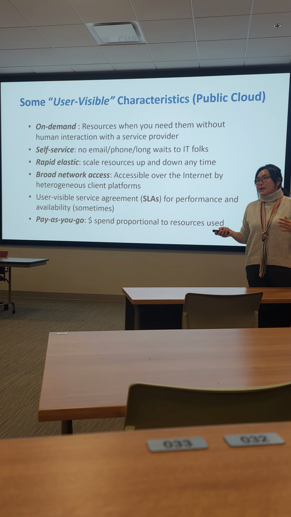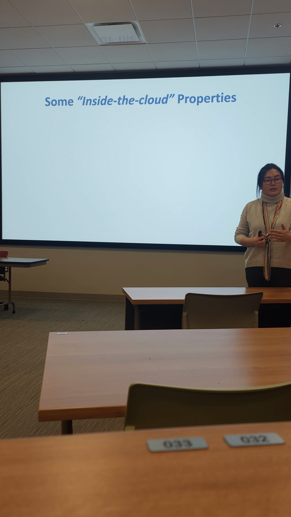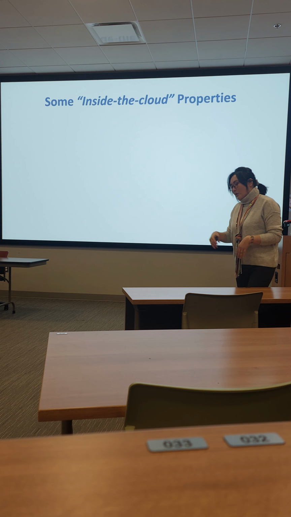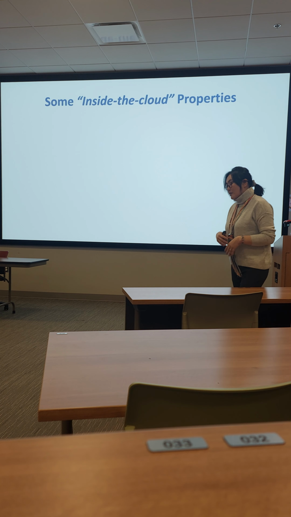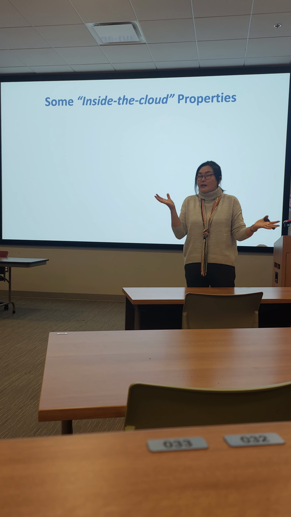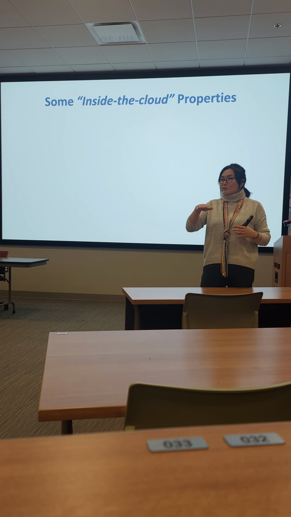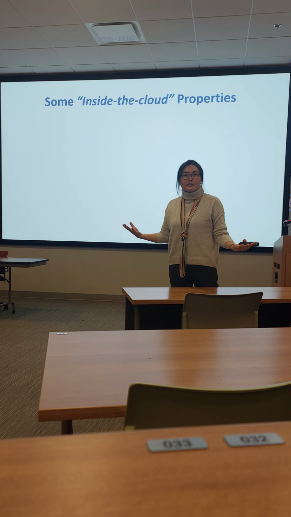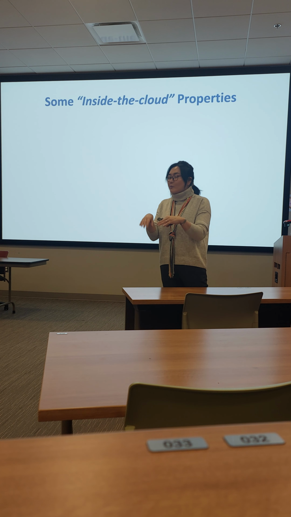Can you rephrase the question? Some of the properties and characteristics that happen inside a cloud that don't appear from the user side. Like the swans and ducks on the pond, they look so gracious and calm, going through the water smoothly, but underneath, they do a lot of paddling, right?